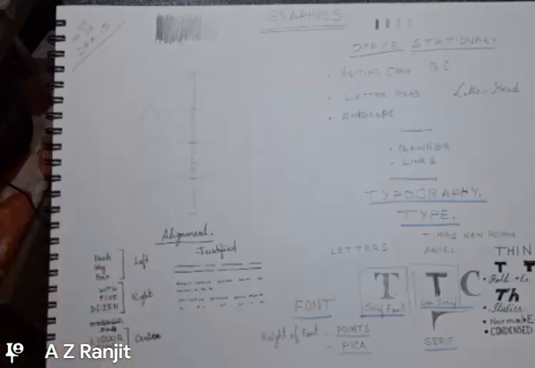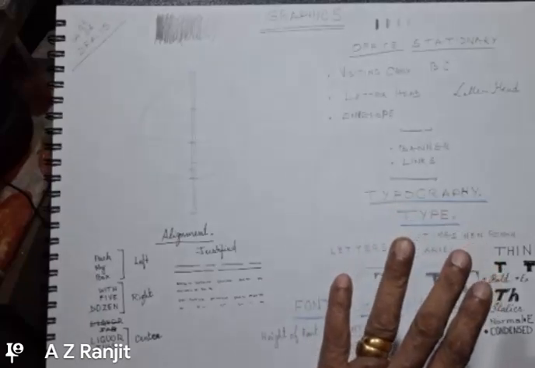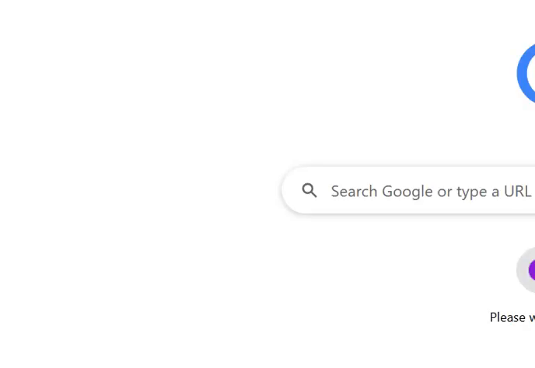Okay, so these are some of the alignment systems. So basically, to understand what typography is, did anybody find out what the point size is? No. 0.035. 1 point is 0.035 in centimeters, inches.